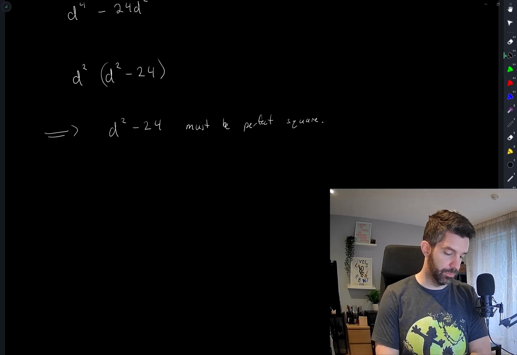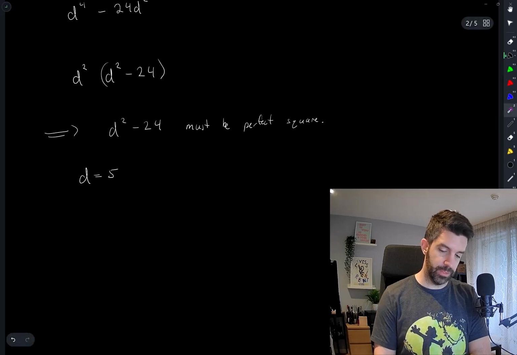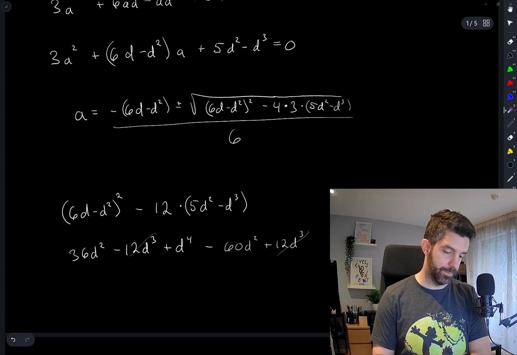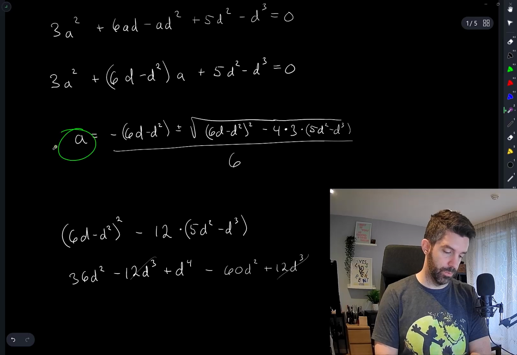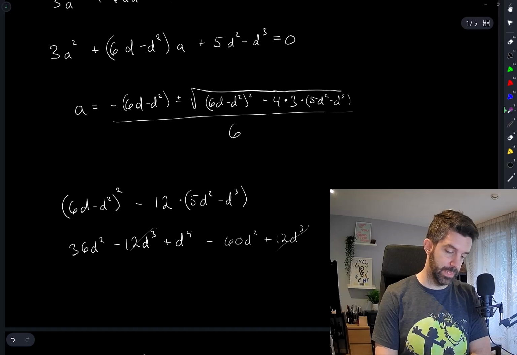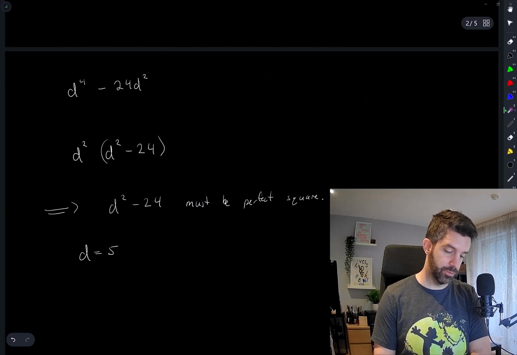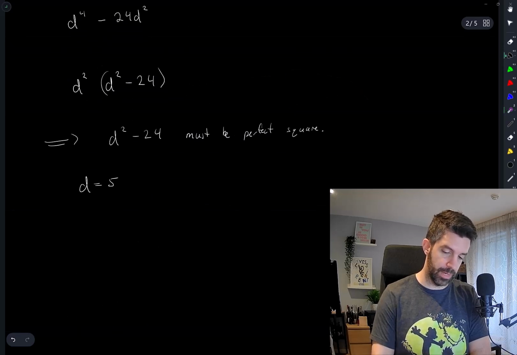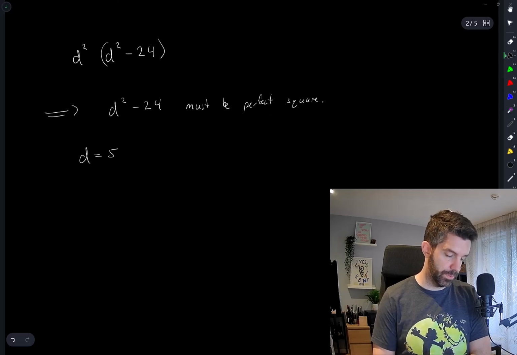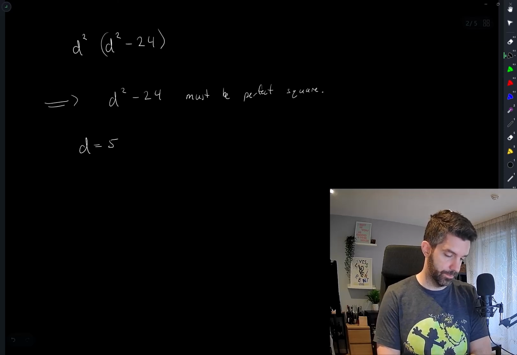So d can be equal to 5. I mean, we still have to check that the rest of this gives us an integer, but certainly we need the thing under the square root to be a perfect square. So d equals 5 is a candidate. What about d equals 6? 36 minus 24 is 12.